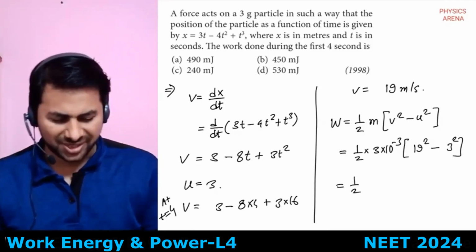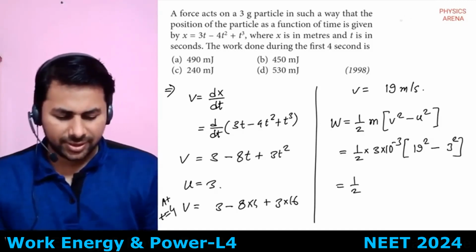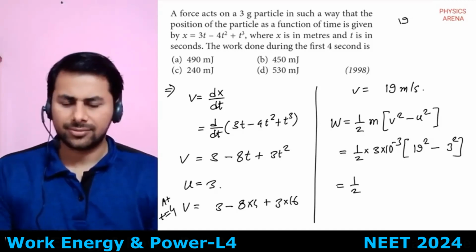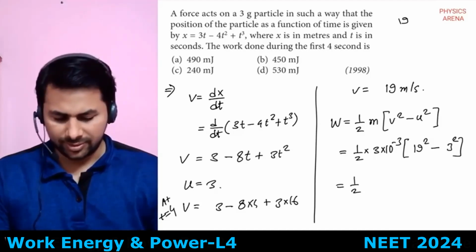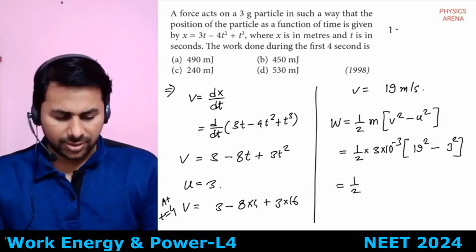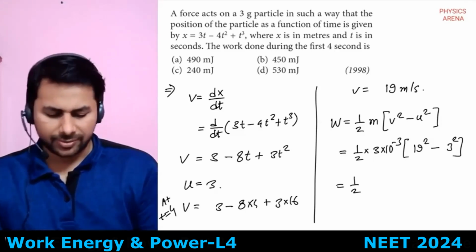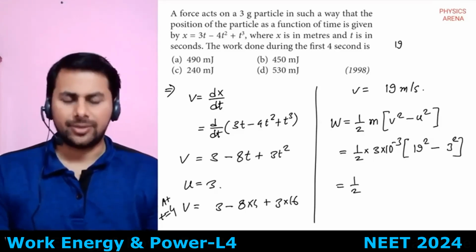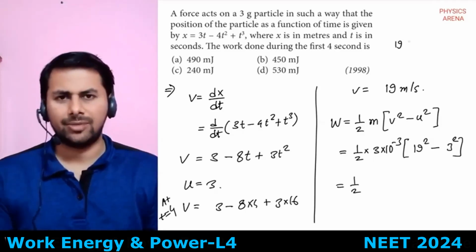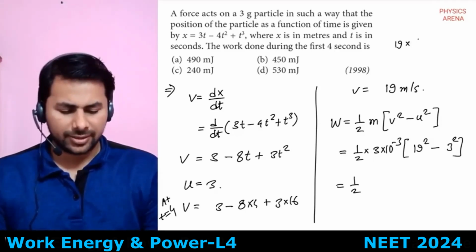I also don't know. Okay, so see, I do this trick. It is 361. Let's suppose you don't know some square, for example, I don't know 19 square. So 19 square is 19 multiplied by 19, right?